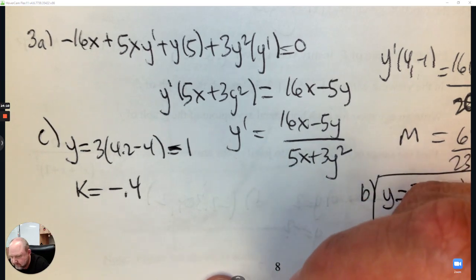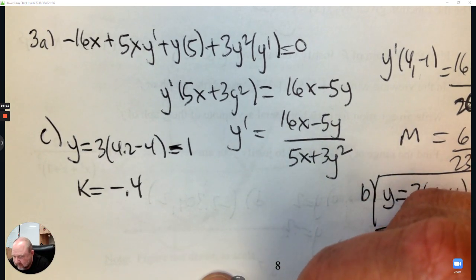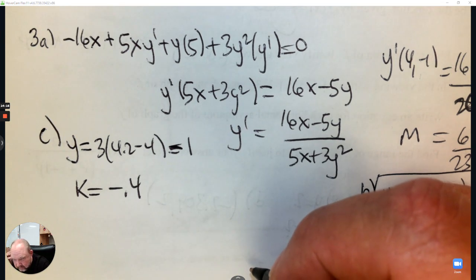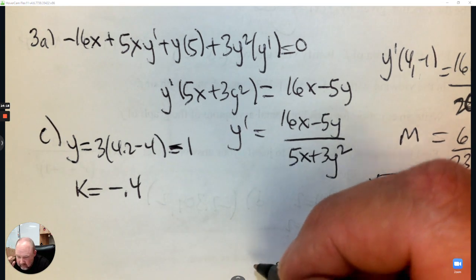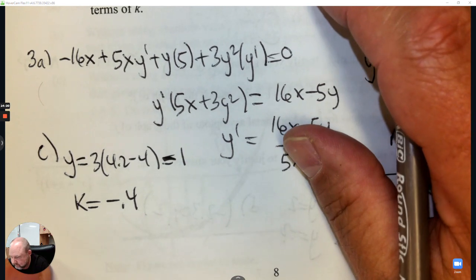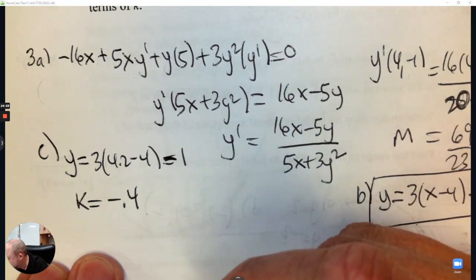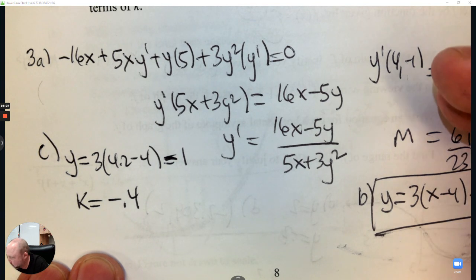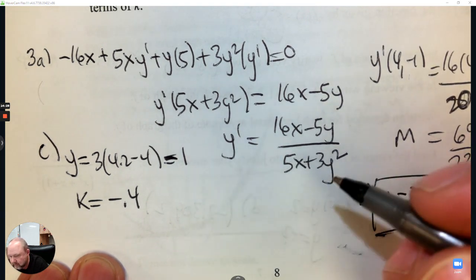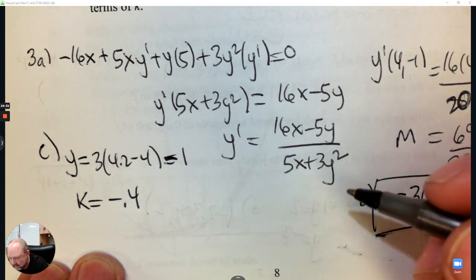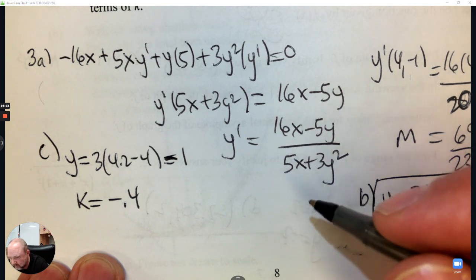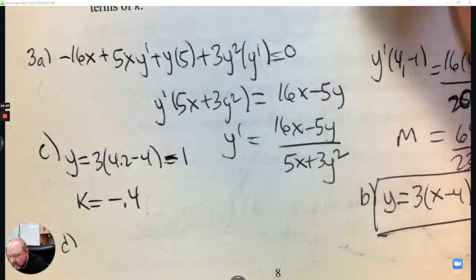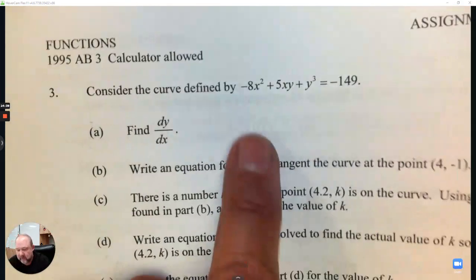Part D, write an equation that can be solved to find the actual value of k so that the point 4.2 and k is on the curve. So plug in for x, plug in 4.2, and for y, plug in k into the equation, and we're going to solve it. So we're going to use this equation.